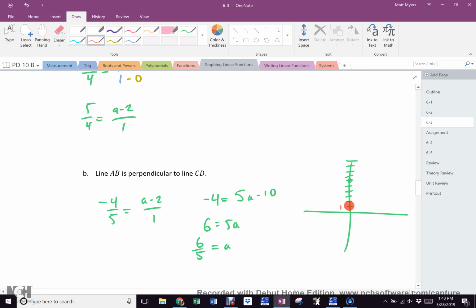Ever so slightly above 1. Which is the better way to graph? The first way. Unless you don't have room to change your scale, you change your scale. Even if you only have room to change one of your scales, you're still better off to change one of them. Okay?